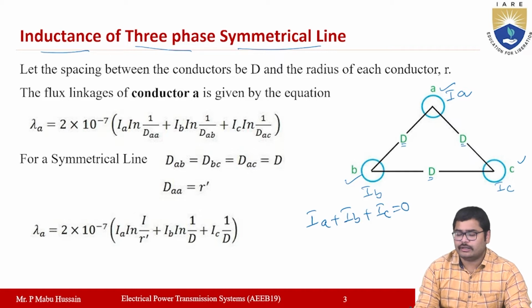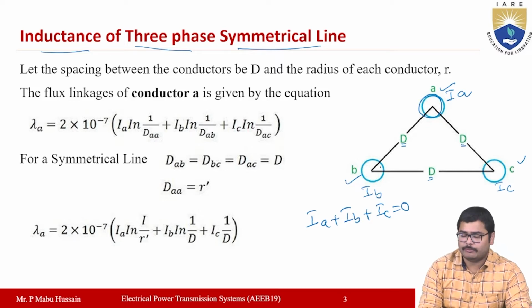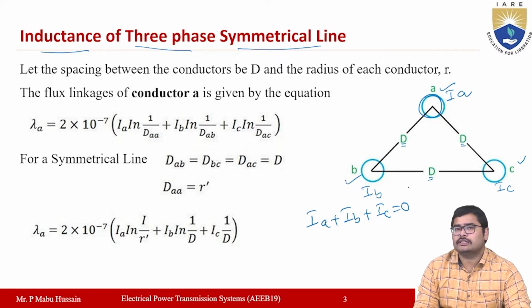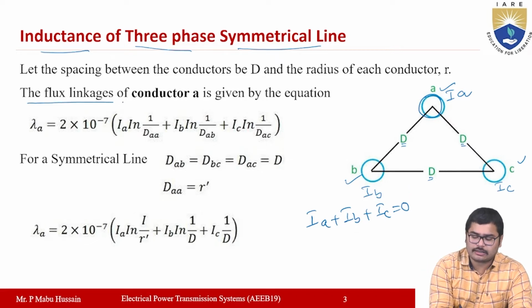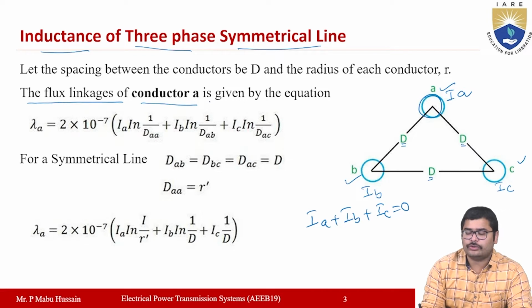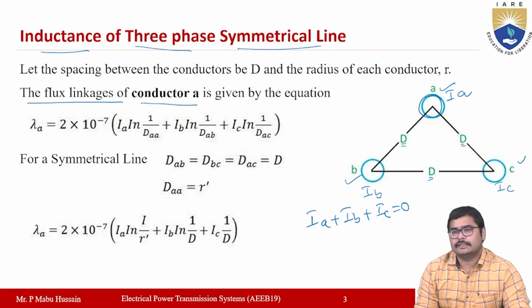Whenever conductor A carries current, it produces some amount of flux. In a similar way, conductor B and conductor C also produce some amount of flux. Now, let us see the flux linkages of conductor A due to the current flowing in all the three conductors.